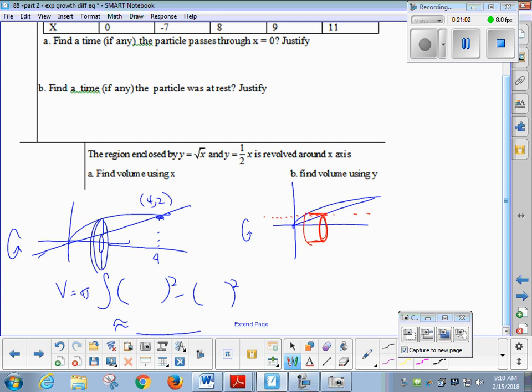And so we'd unwrap it this way and it would be long this way. This distance around the circle would become the circumference. This distance here will correspond to, I'll call that h, for lack of a better word, and this thickness is super thin, it's dy thick.